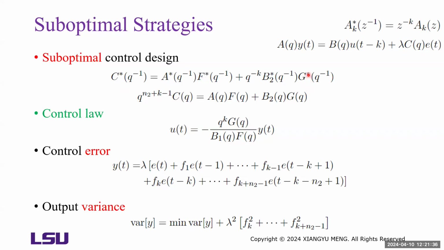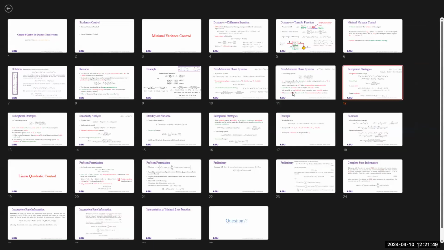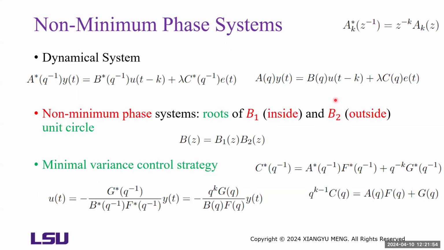If you compare with the minimum variance design, the only difference is we put the polynomial B2, as in the earlier definition of B2. So B2 is an unstable polynomial. All its roots are outside the unit circle.